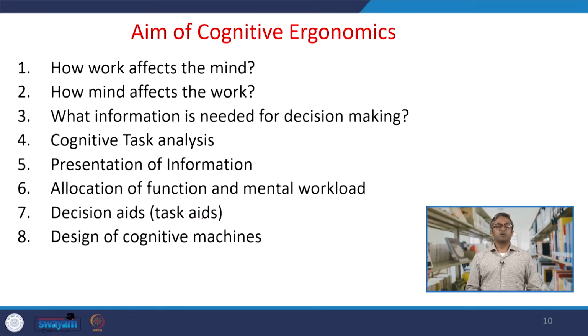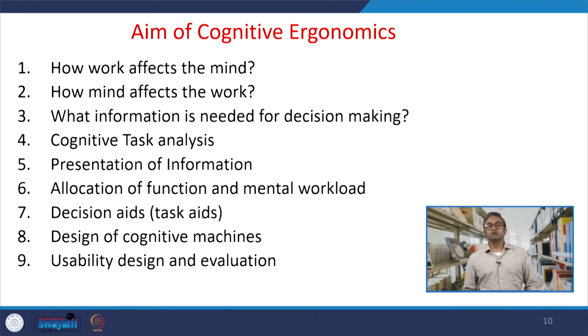Then, cognitive ergonomics can also help us in designing the cognitive system, the cognitive machines, the machines which can do their own task, the machines which can execute n number of stages of processes by themselves, which involve least human interaction, least human interference, and provide us the result with 100% accuracy.